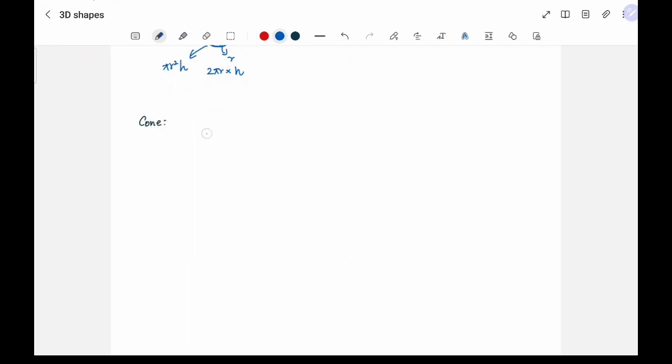So what is a cone? It has a pointed edge and a circular base. So this is also circular. This is also a curved surface. Okay, only the bottom is flat. This is the curved surface.